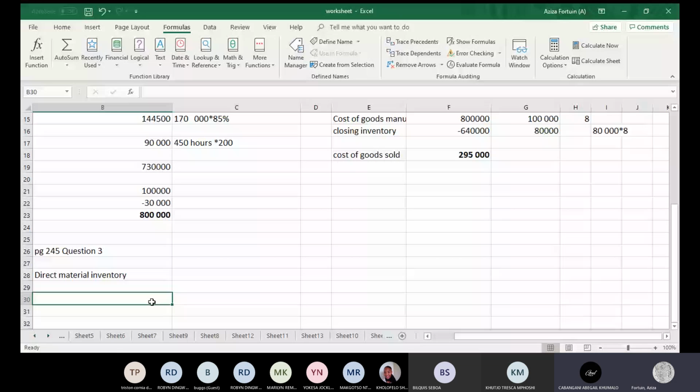Oh, okay. All right, let's start. How are we going to start with this question? They want the value at the end of April of the direct material on hand. So how do we tackle this? Actually, very simple.